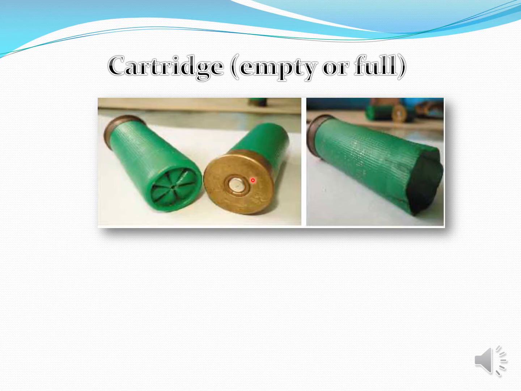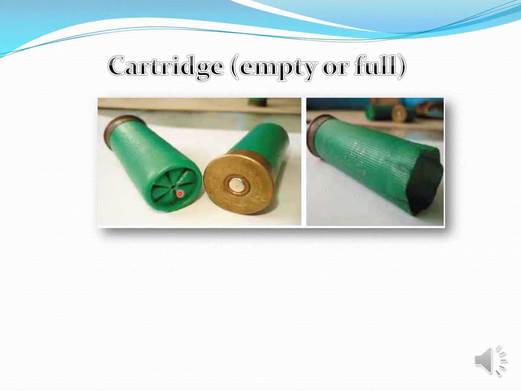This piece is called the base of the cartridge, made of brass. This is a cartridge of a sporting gun; it is characteristic of a sporting gun, made of plastic or cardboard, with a base made of brass.